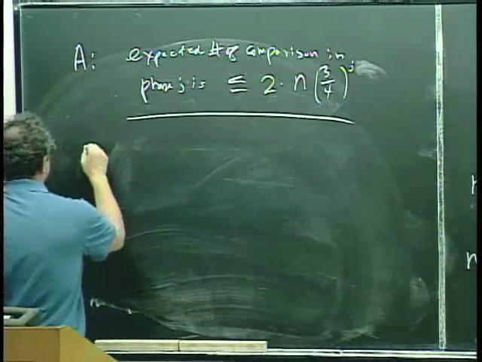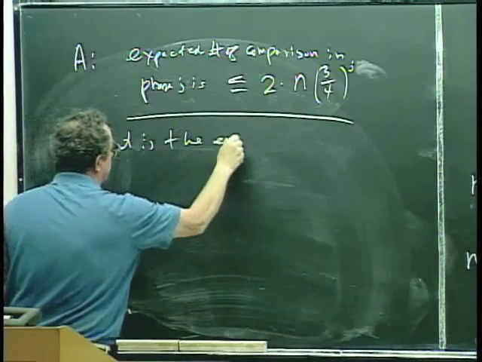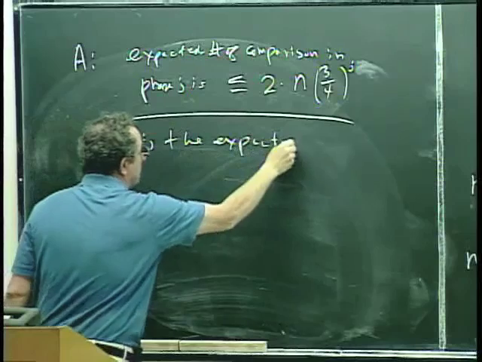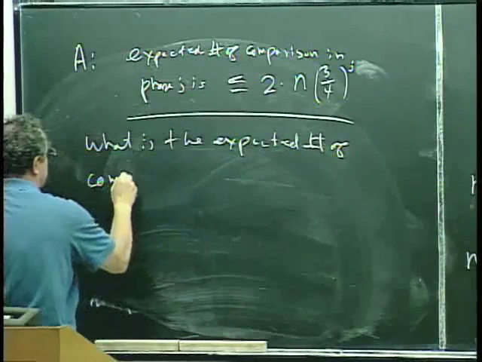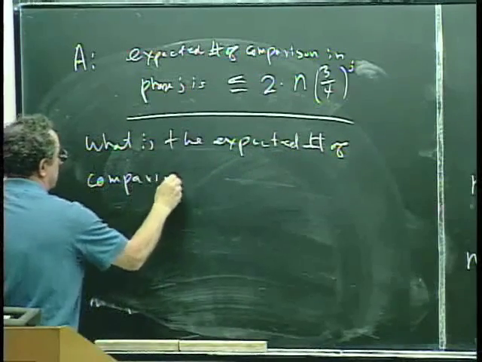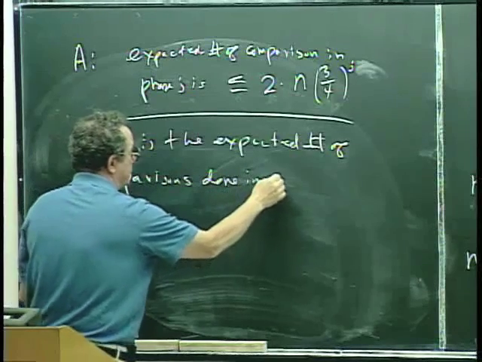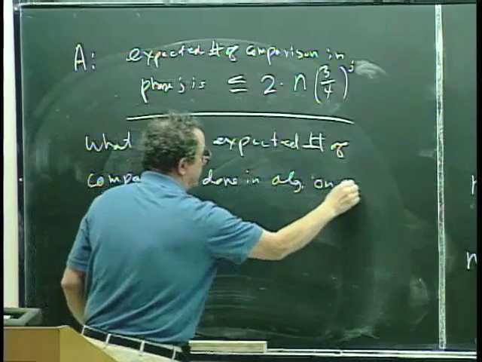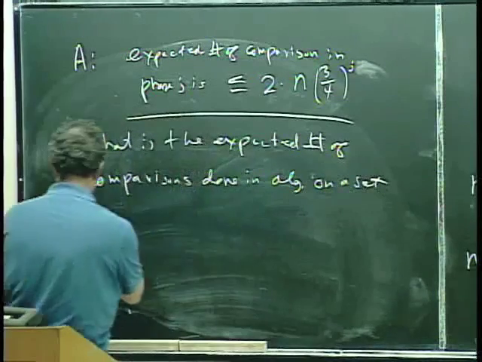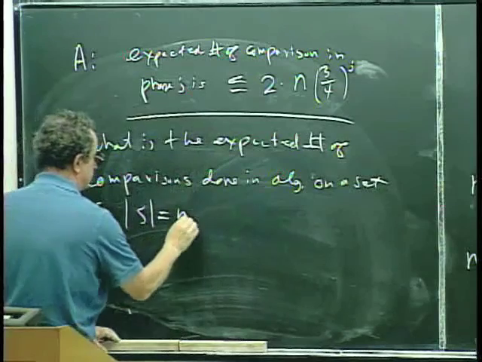Next we can ask, what is the expected number of comparisons done in the algorithm on a set S, where its size is going to be denoted as n?